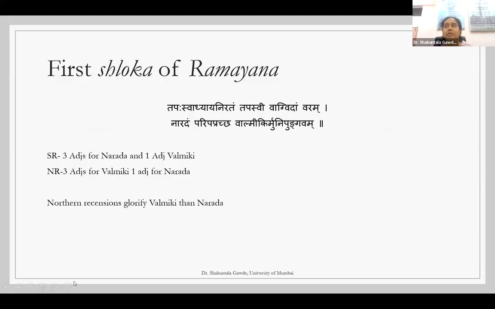Now, for example, I have given this verse. Tapasvadhyaya niratam, tapasvi vagvidamvaram, naradam paripapracha valmiki munipumgavam.